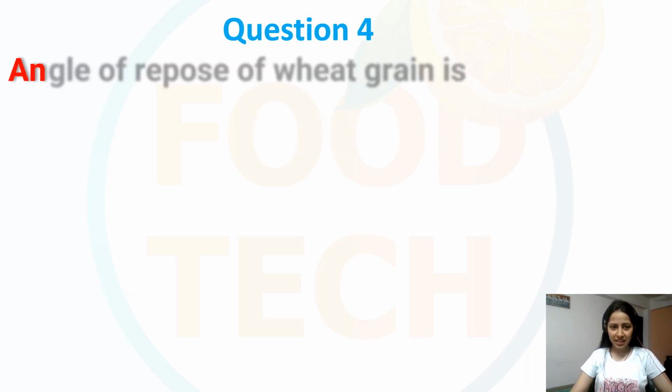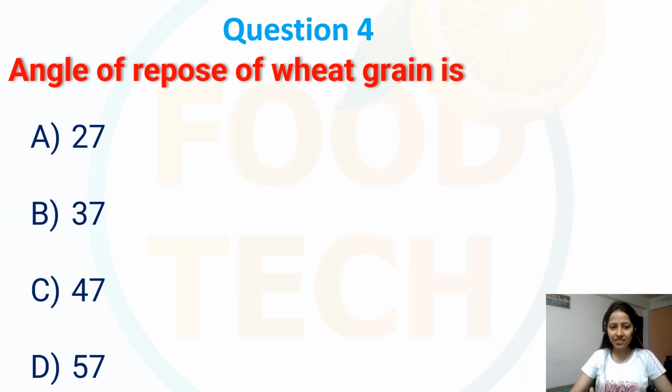Next, question number 4, angle of repose of wheat grain is, so options are 27, 37, 47 or 57.